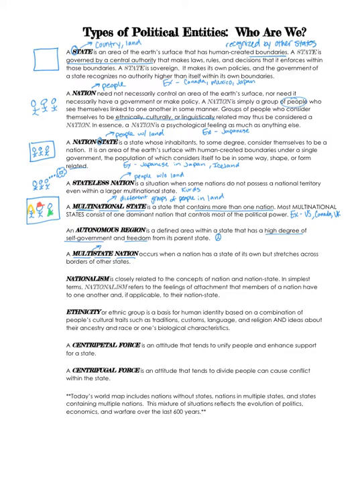So this is one group of people, right, with many lands, or many countries, okay? So this is when one group feels united to each other, but yet they are spread across several countries, okay?